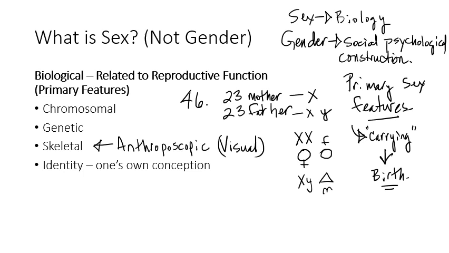We can't get to this identity through skeletal remains. We could use artifacts that are found in association. That could help us get to that idea of gender, how the individual identifies.